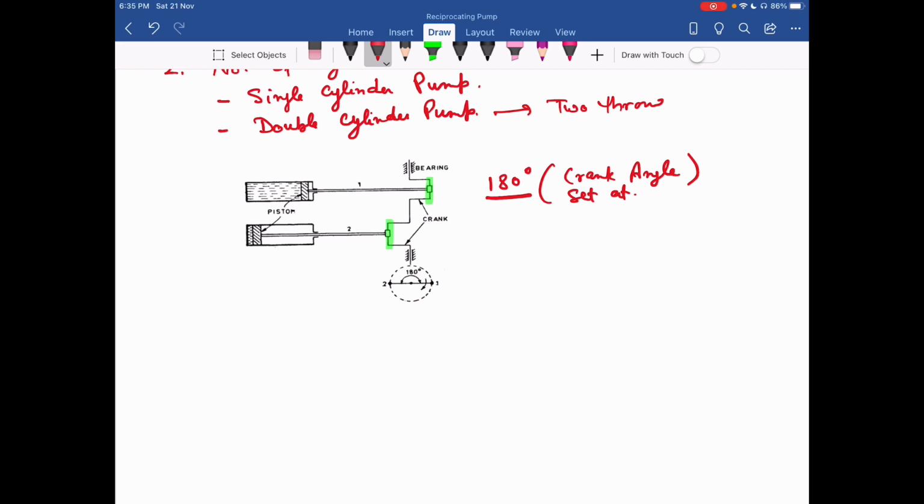Okay. Then next is the triple cylinder pump, which I also call a three throw pump.